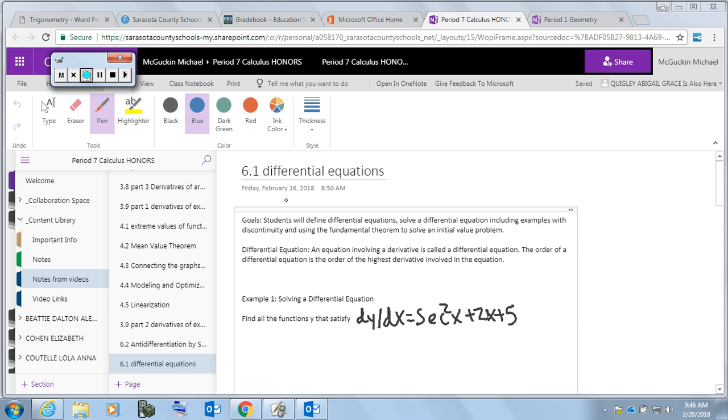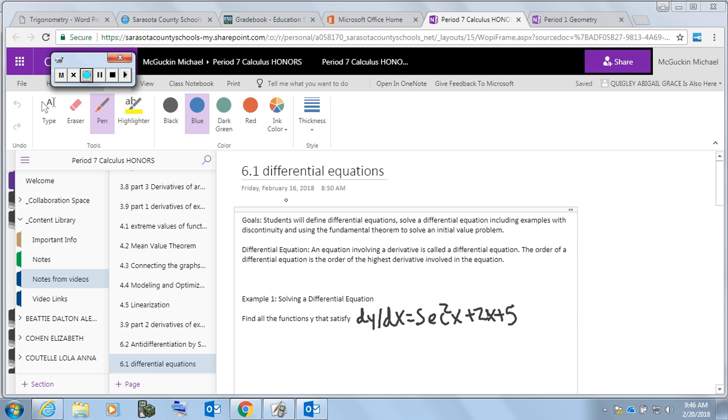Hopefully this is starting to look similar to an instruction that we've seen in the past, because you're basically asking yourself, what was the step before? I had a function y, I took the derivative of it, and I have secant squared x plus 2x plus 5. So what was a possible y function that arrived at this derivative?